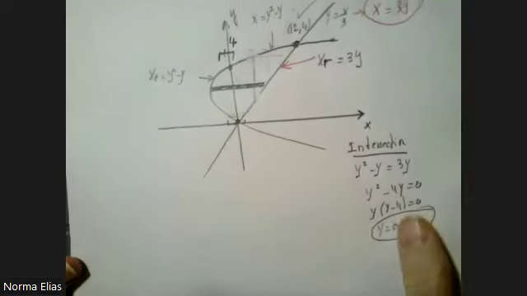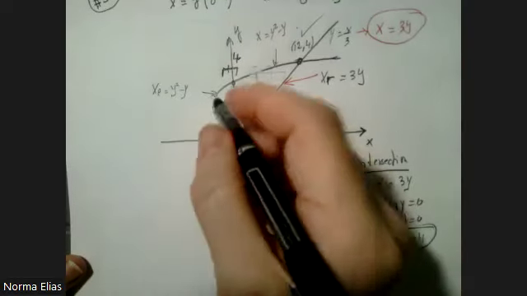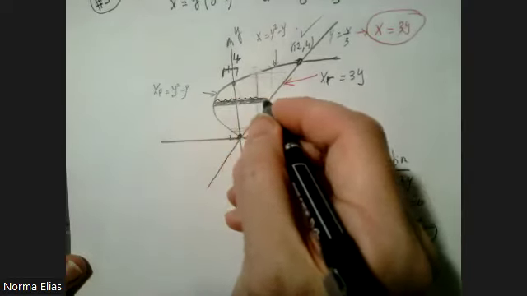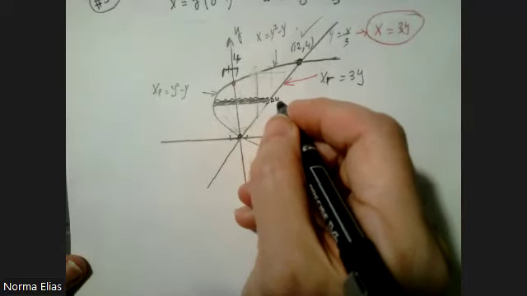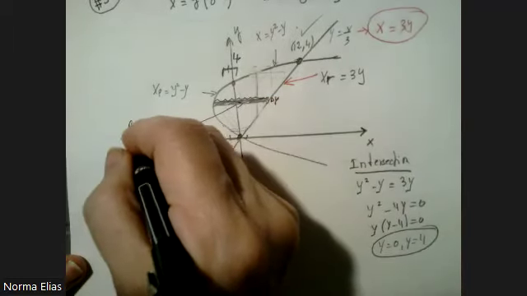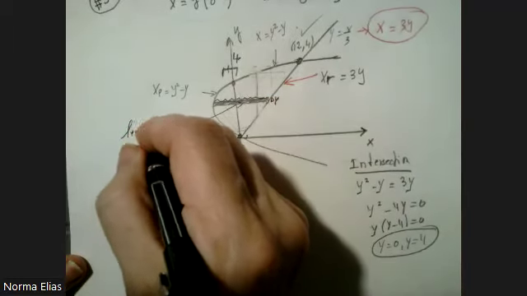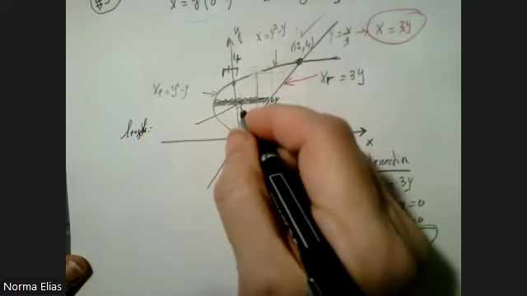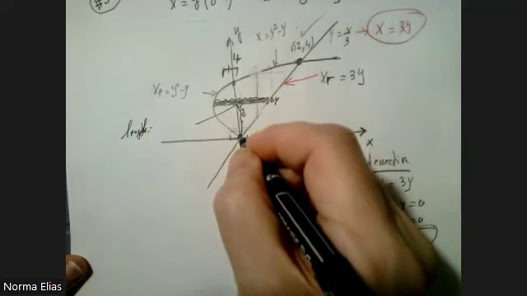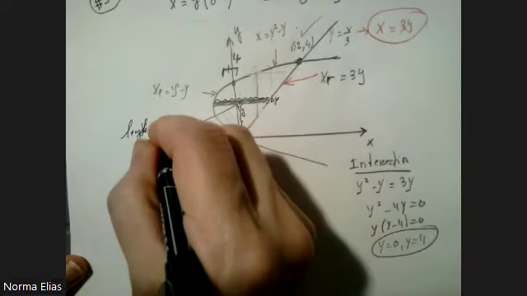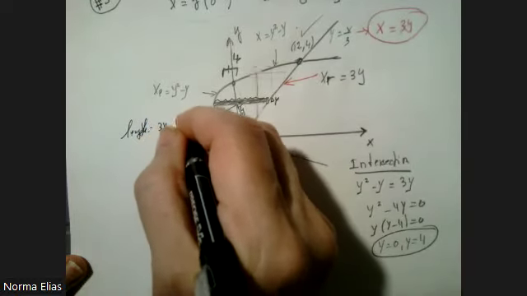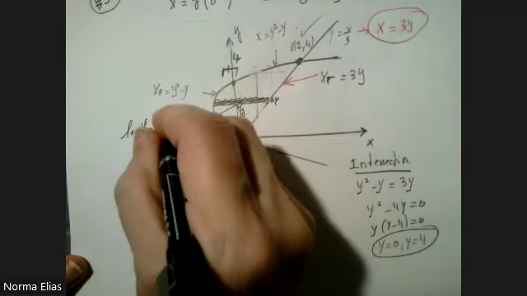So now, the length from here to here, this is my little delta y, and the length here. If this is y, from here to here it's going to be 3y minus y squared minus y.